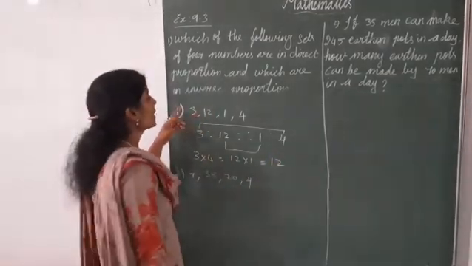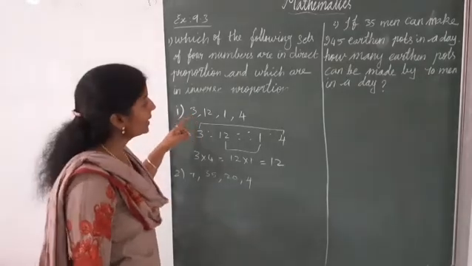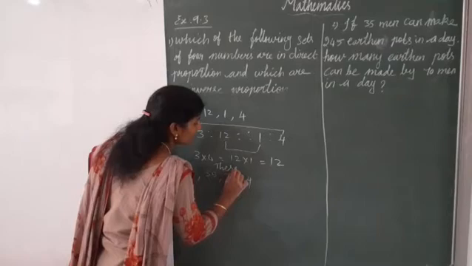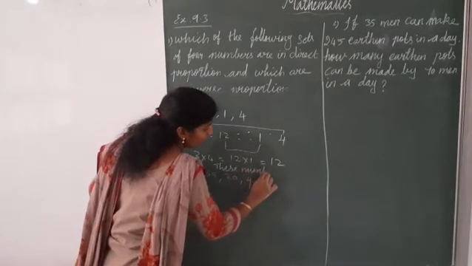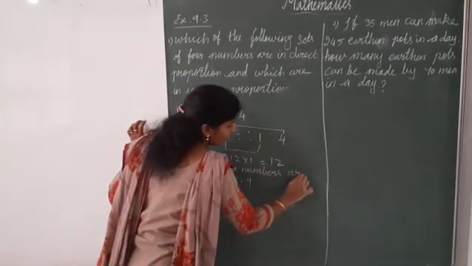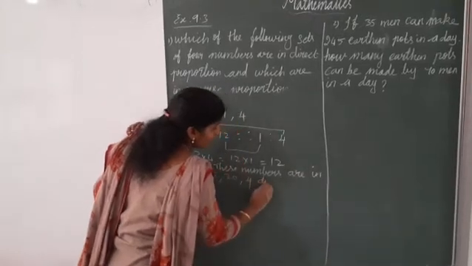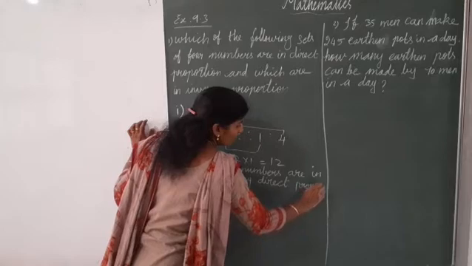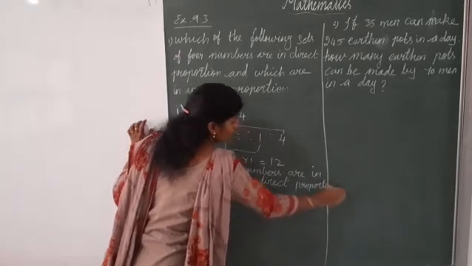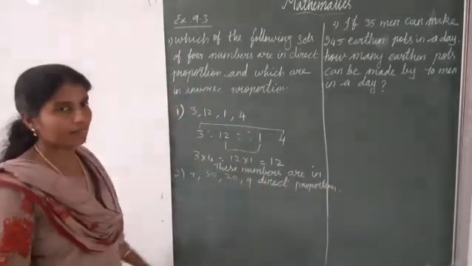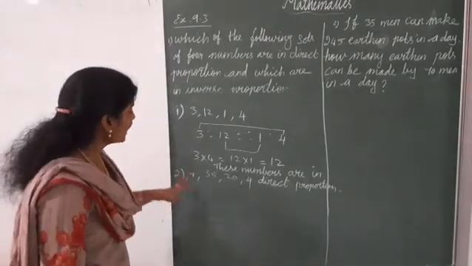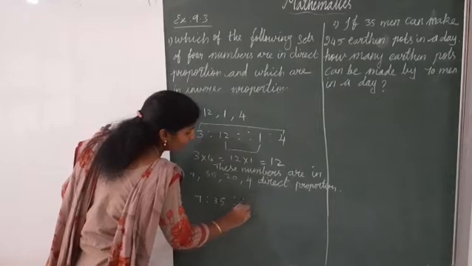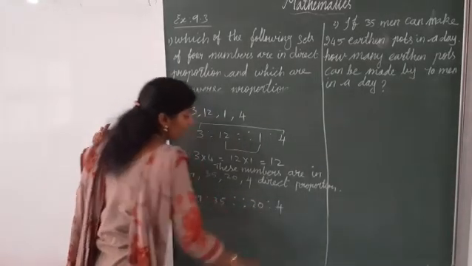So we can say these numbers are in direct proportion. Okay. Now, second one, 7 is to 35 as 20 is to 4.